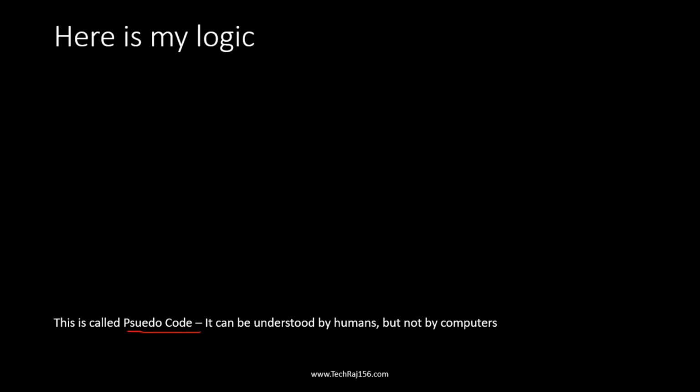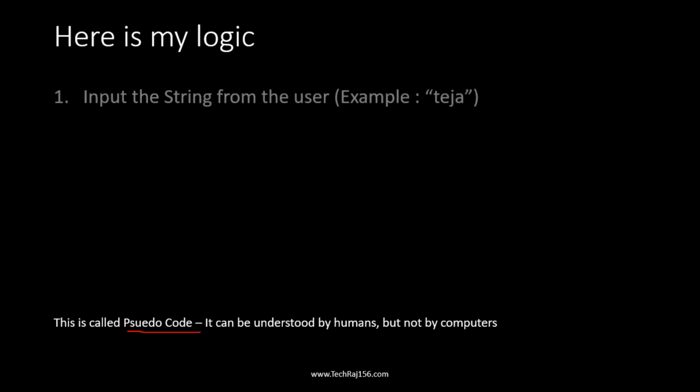It is a way of describing your logic, and please note that this pseudocode can't be understood by computers. It is just for human understanding. Anyway, let me show you my logic, what approach I would follow to solve this task.